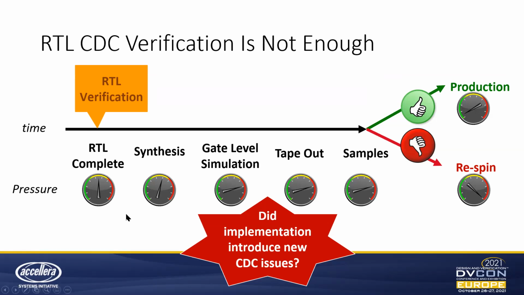So even after CDC verification closure at the RTL stage, it is important to perform CDC verification on the gate level design to detect and address new issues. So we conclude that we want CDC verification done at the gate level so that the issues introduced at the synthesis stage can be addressed.